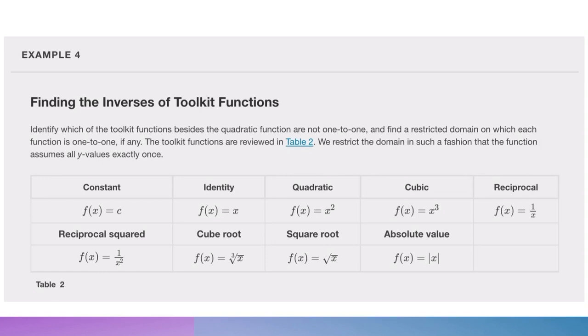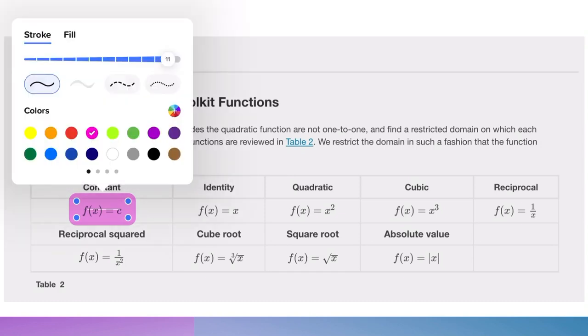So for the constant function, I'll just highlight it. Which ones are not one-to-one? In other words, they will fail the horizontal line test. It should be this one.